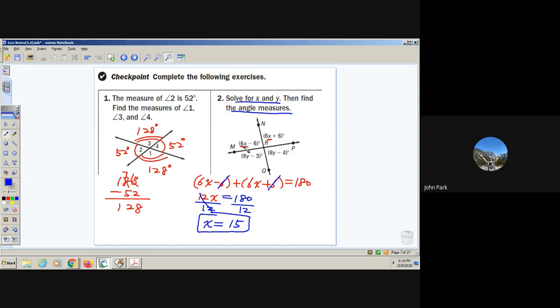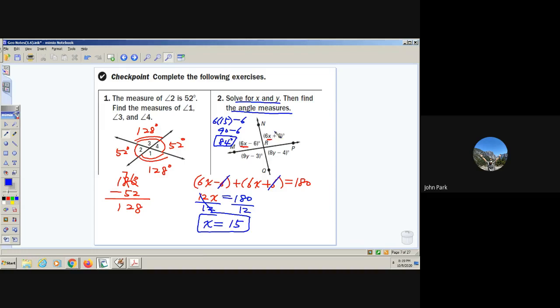So plug in 15 here, so that will be 6 times 15, which is 90 minus 6. So that's 90 minus 6, which is 84 degrees, right? So then hopefully later we'll get 84 degrees on the vertical angles on the opposite corner if they put that correctly without the mistake. But let's figure out the other one here on the top.